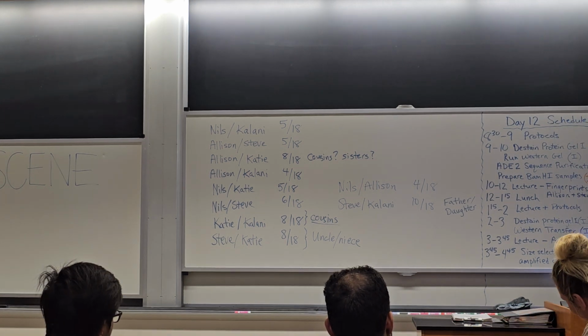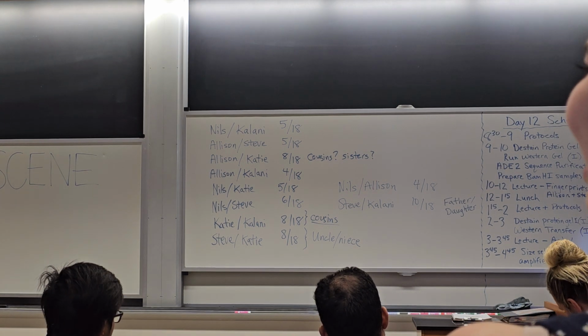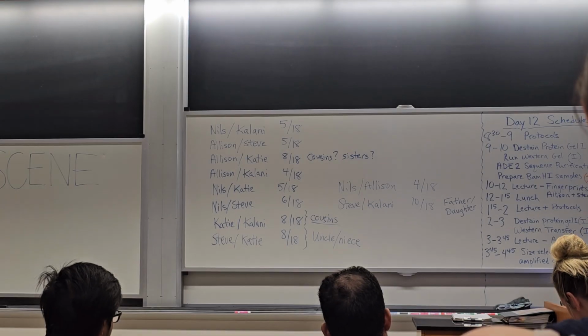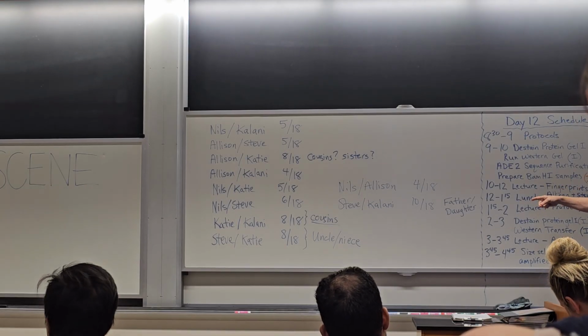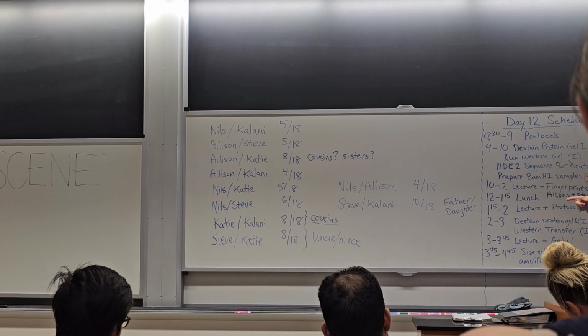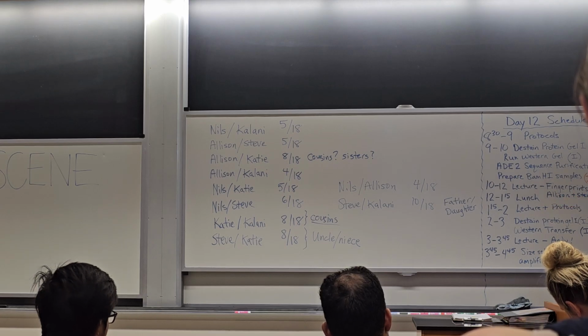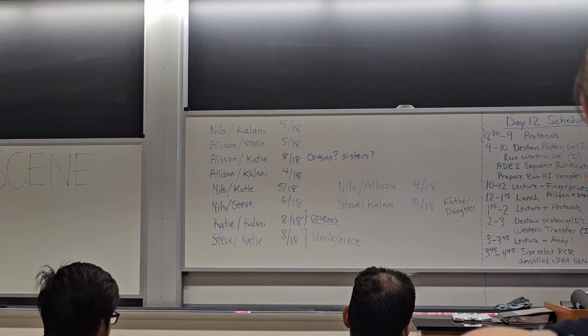All right, so that's what we can glean from the fingerprint data. Now, if you look at fingerprints like Kalani's and my fingerprint, it's more than just a 10 out of 18 match. For every single one of those loci, one of my alleles has to match one of hers.